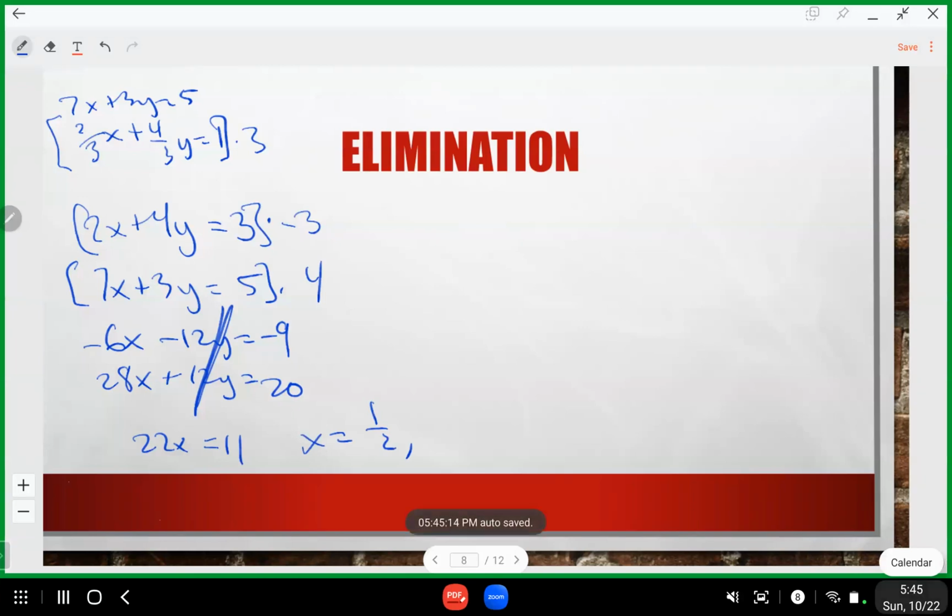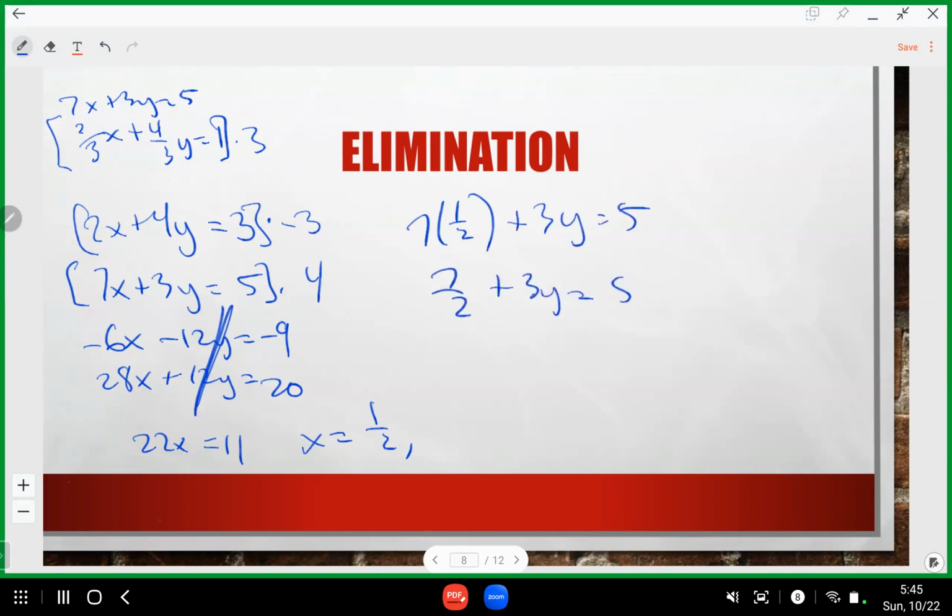So let's plug 1/2 into the first equation. It's equal to 5. There's 7/2 plus 3y is equal to 5. 3y is equal to what? Wait, isn't 3y equal to 1.5?